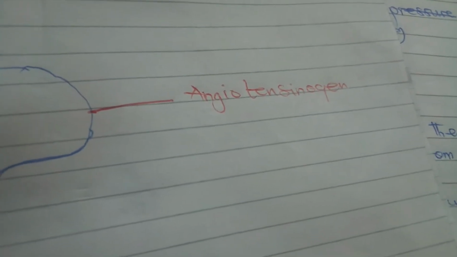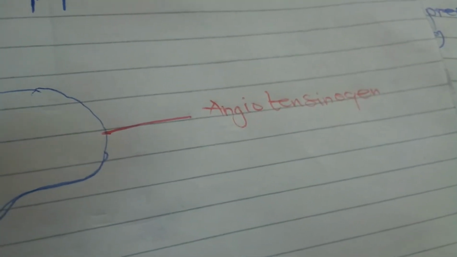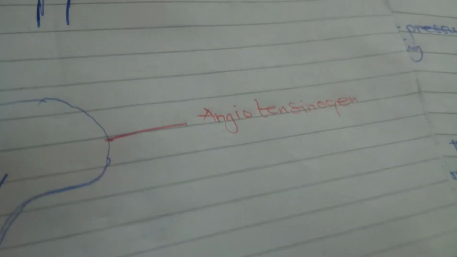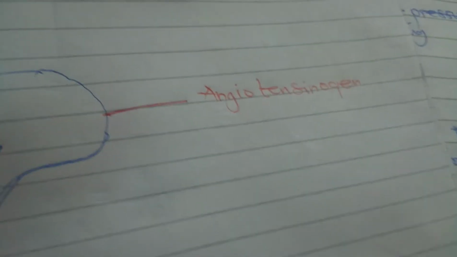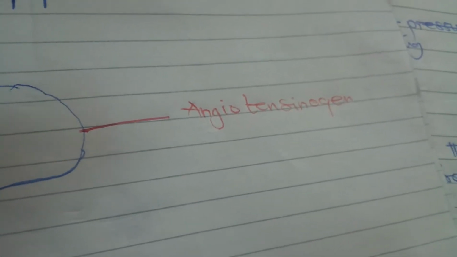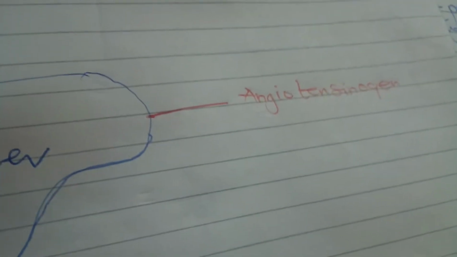Now don't forget I said that when blood pressure reduces, the kidney produces renin. This renin acts on the angiotensinogen produced by the liver. Basically, renin cleaves a sequence of 10 amino acids from the angiotensinogen, and whenever renin does this, it converts the angiotensinogen to its active form.